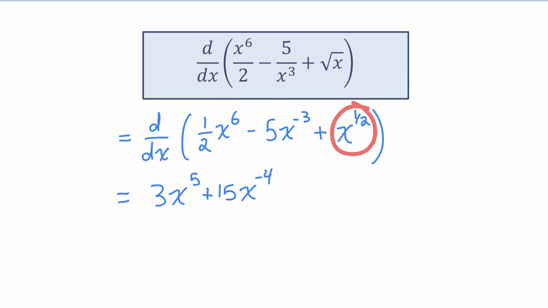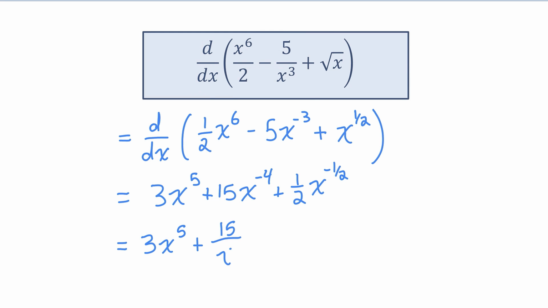And my last term, x to the half, the coefficient becomes a half, the base of the power is still x, minus 1 from the exponent, it becomes negative a half. And then I'll just rewrite this so it doesn't have any negative exponents. So it becomes 3x to the power of 5 plus 15 divided by x to the 4 plus 1 over 2 root x. We could get a common denominator, but I'll leave it with the three terms separately.